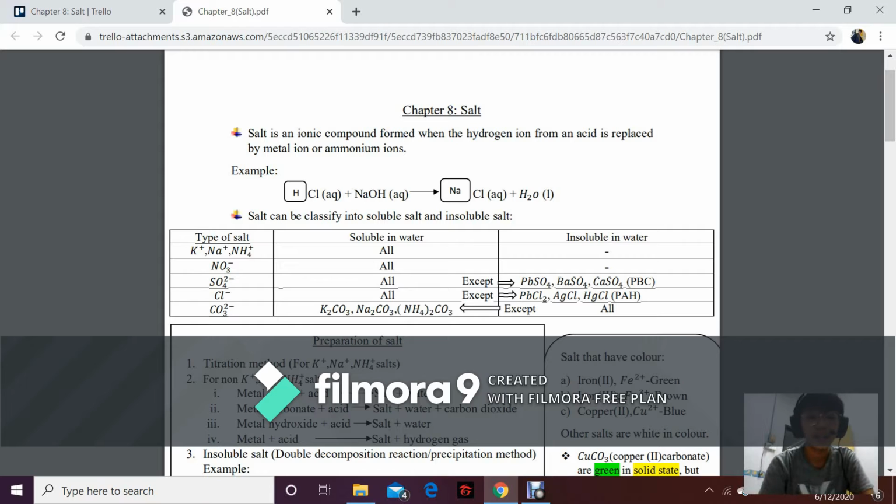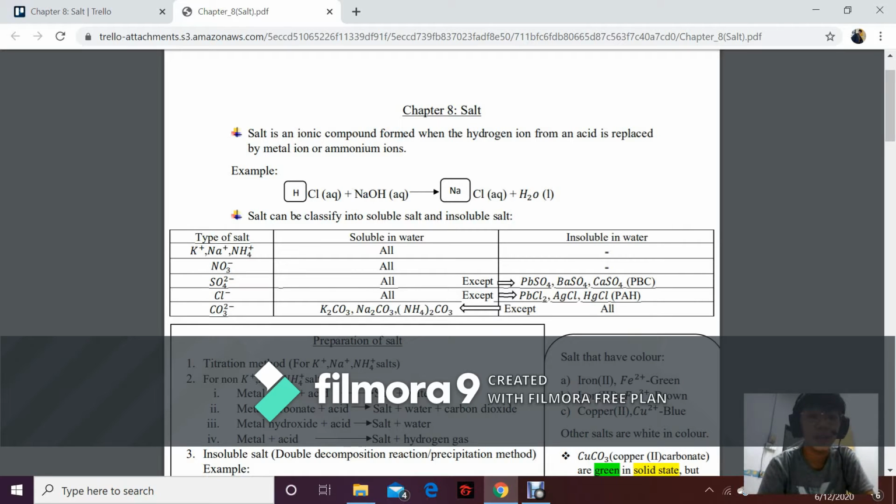Because all the salt with K+, Na+, and NH4+ is soluble in water. So for the case of NO3-, NO3- is nitrate salt. Nitrate salt is the same as sodium, potassium, and ammonium. If you see NO3, for example KNO3, NaNO3, NH4NO3, or the metal that is not K or Na, like Pb(NO3)2, Ba(NO3)2, this is all soluble salt.